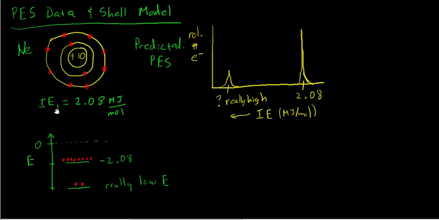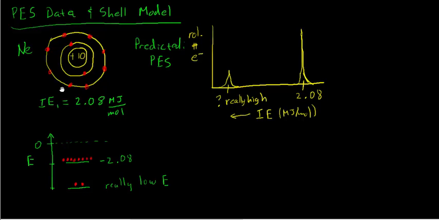We know that the first ionization energy from electron impact experiments is 2.08 megajoules per mole. So we might predict that the electrons in this atom occupy 2 energy levels, and that's shown on this energy level diagram here. Energy level 0 is the energy when an electron has been completely removed from an atom.